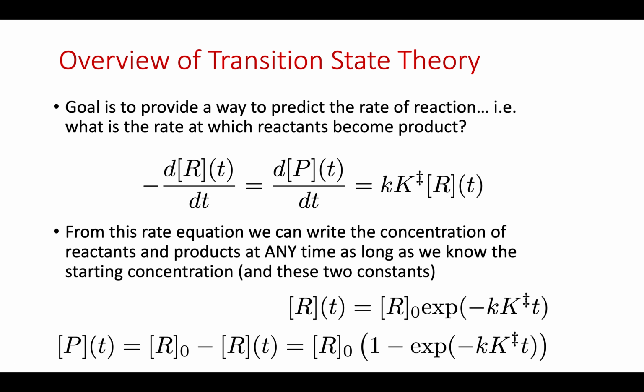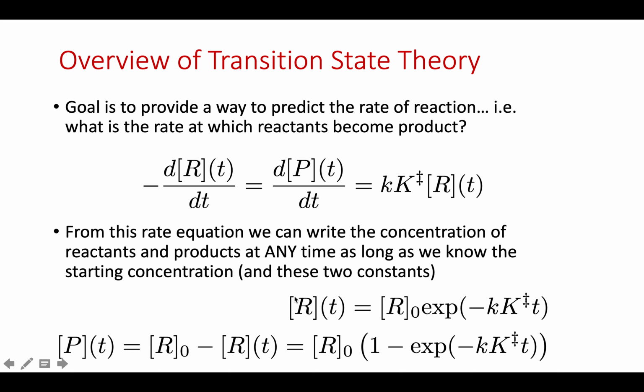Okay, and the function that satisfies that criterion is the exponential function. So e, the natural number e, raised to the negative constant times t, multiplied by some initial concentration of reactants, turns out to be the general function of our reactant concentration as a function of time.